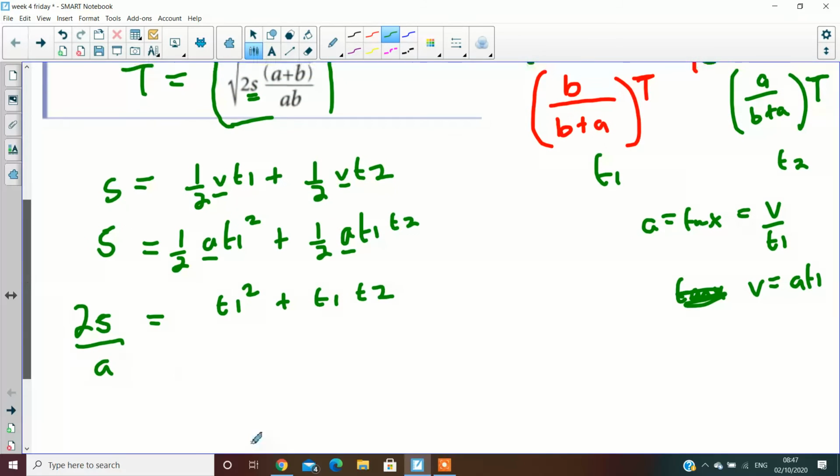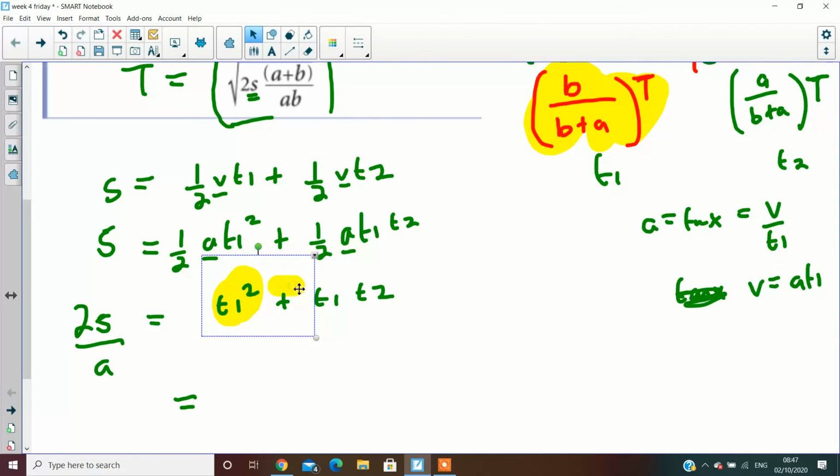Okay, let's keep going. It's getting ugly, but we're hoping it settles down to something nice. All right. What's B over B plus A squared? This whole yellow thing has to be squared to get this. So what do we get?